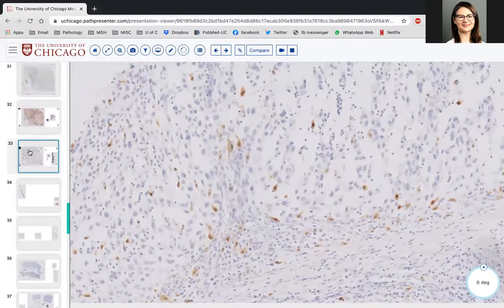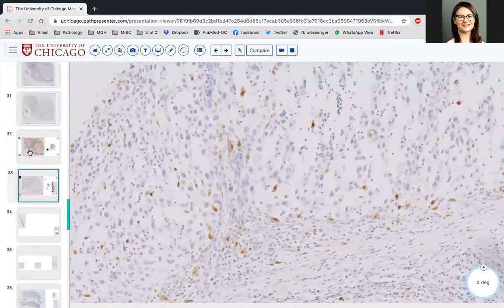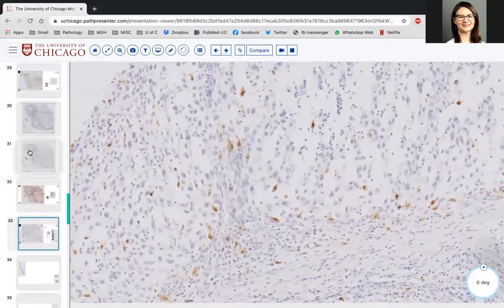What would you be thinking for myoepithelial? So you can get P40, P63, and S100 in myoepithelial, yes? Calponin? Calponin or a myoid marker, yeah.